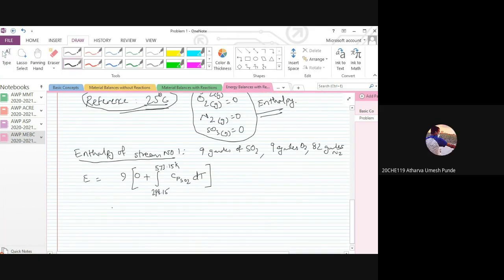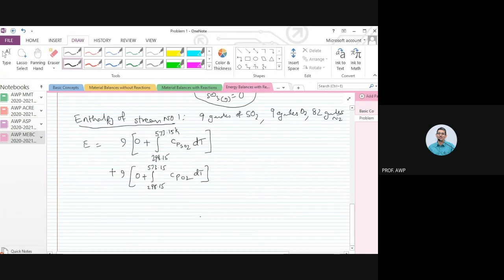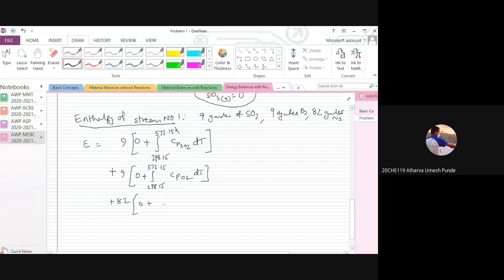Plus 9 into 0 plus the same limits, of O2. Plus 82 into the same, of 0 plus.